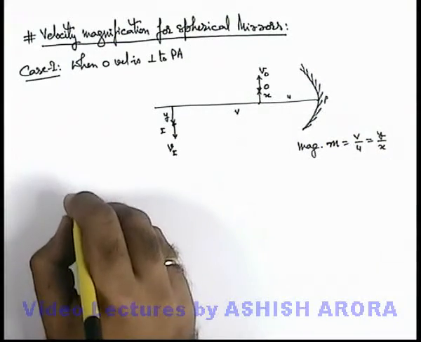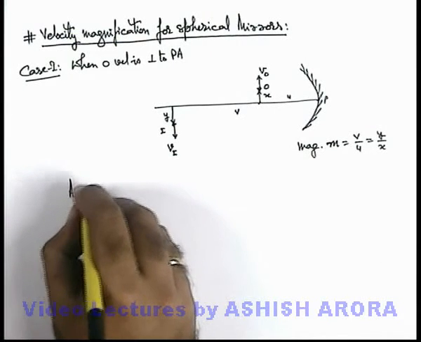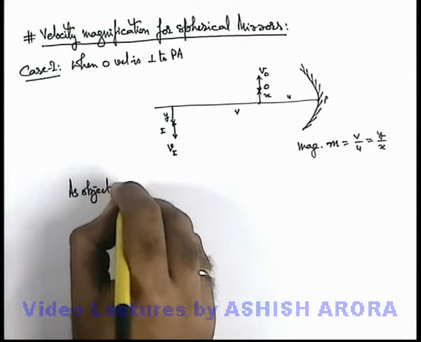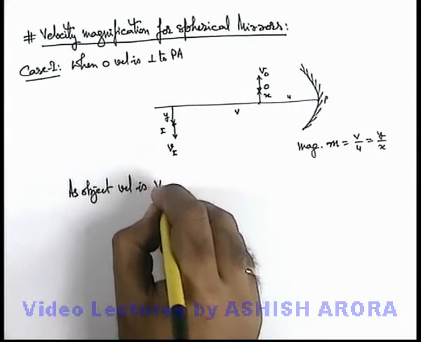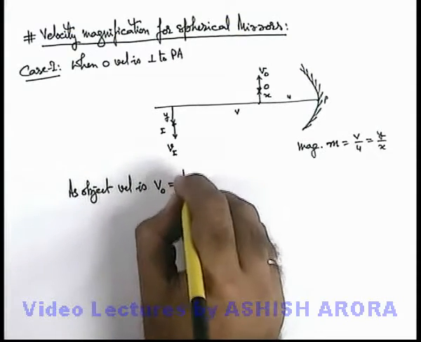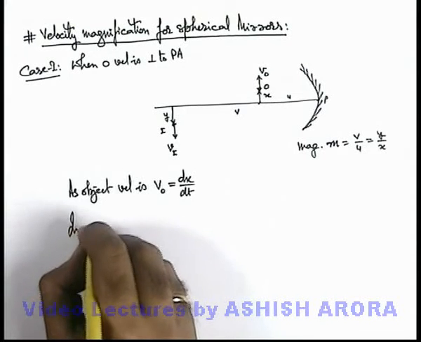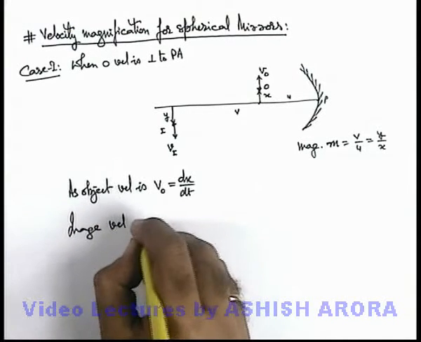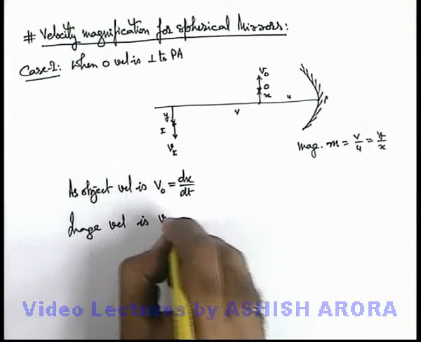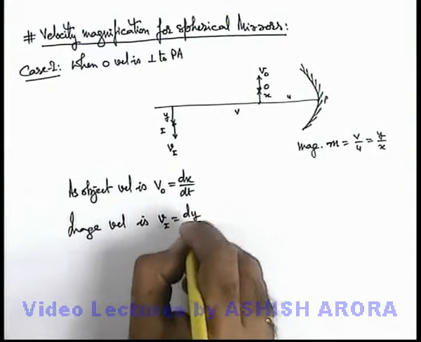Now here we can write object velocity vu as dx by dt, and image velocity, if we wish to calculate, is written as vi, which will be dy by dt.